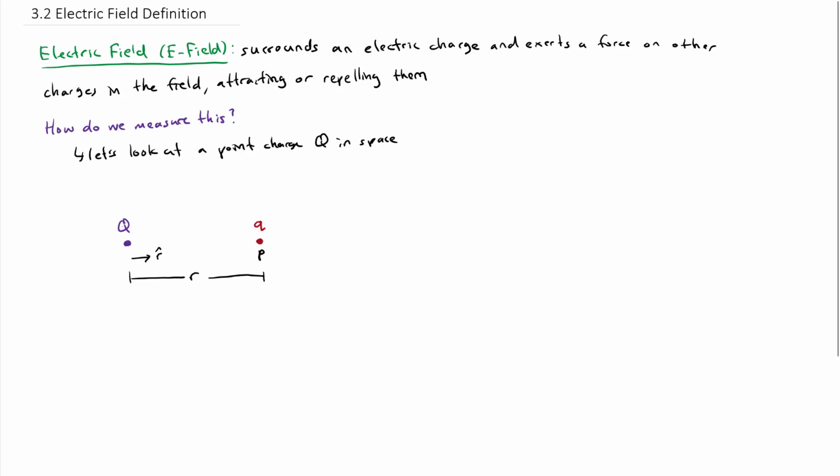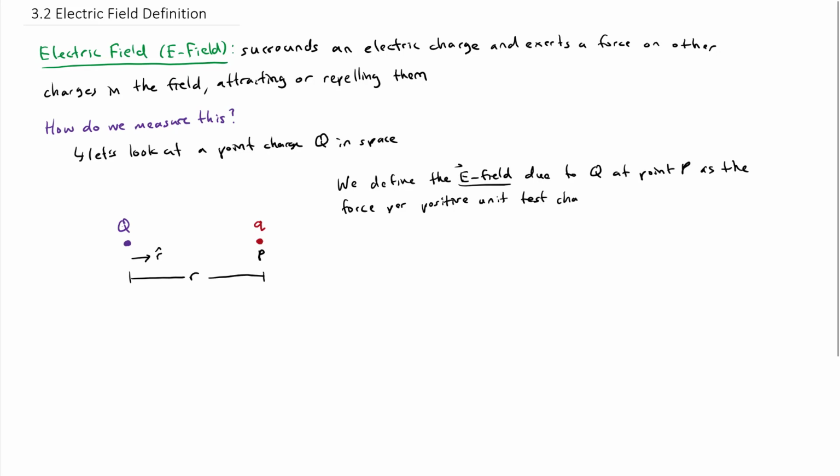And that means I can now observe a force due to the source, capital Q. So we're going to define the electric field due to Q at point P as the force per positive unit test charge, assuming q is very small, or q is really close to 0.